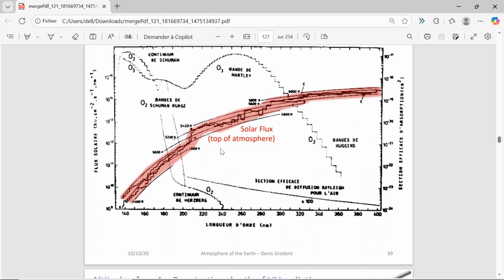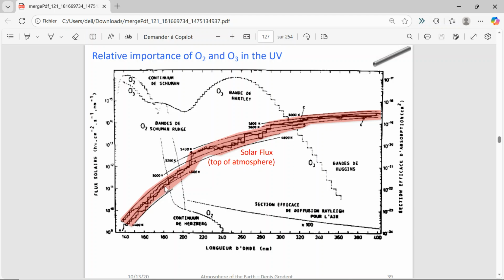The solar emission increases as the wavelength increases in the UV range, fortunately for us. In the part where the UV is still harmful, between 200 and 300, this is where the ozone plays a big role in the stratosphere. We see that the cross section of absorption is increasing right here, leading to an effective damping of those harmful UV.